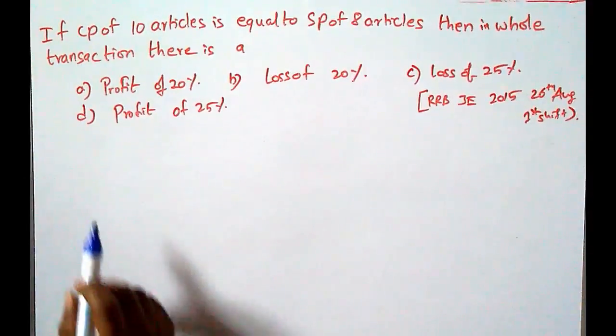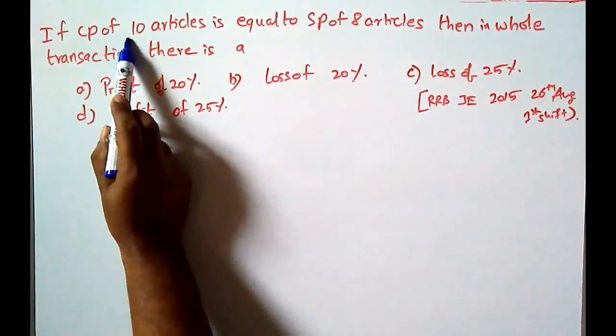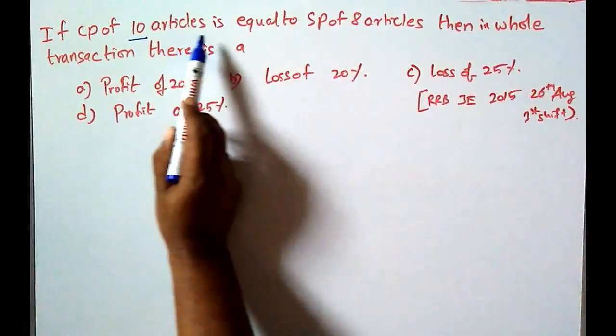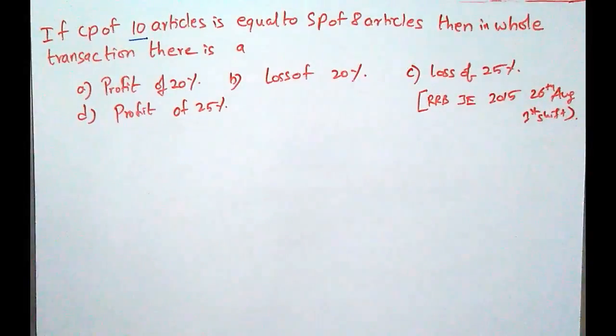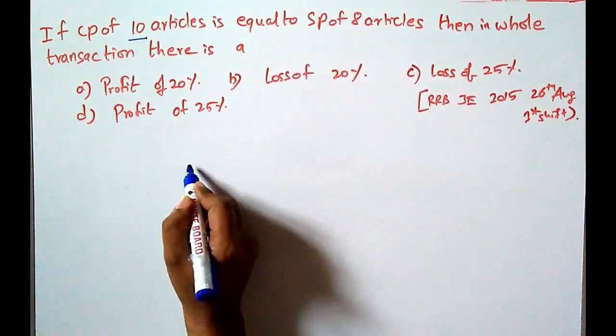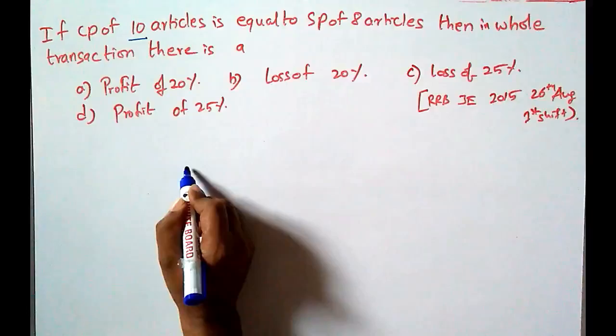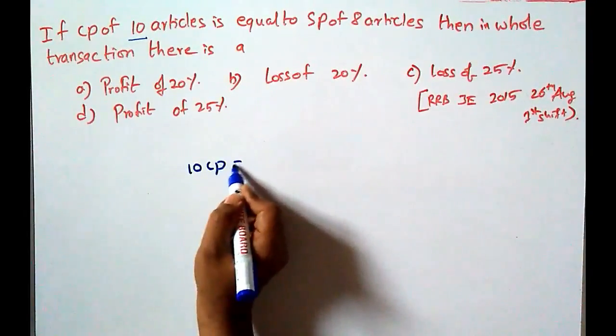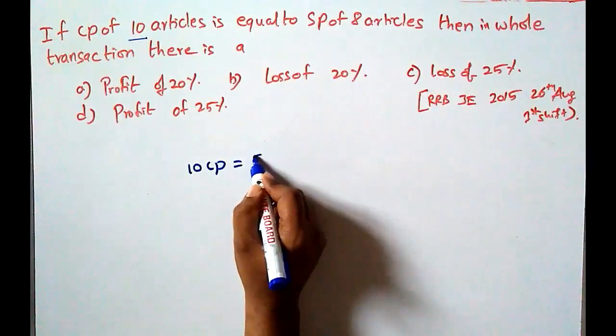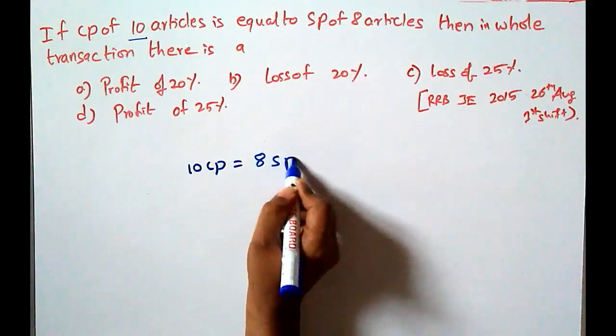Let us see another problem. If the CP of 10 articles is equal to the SP of 8 articles. See, friends, I have said earlier how to write the equation. 10 CP articles equals 8 SP articles.